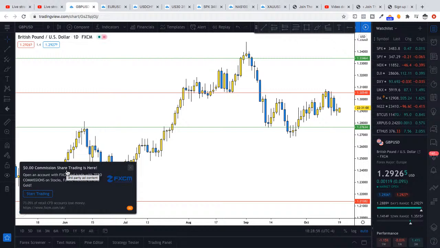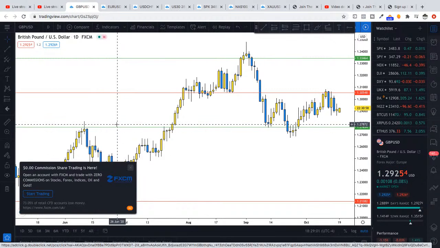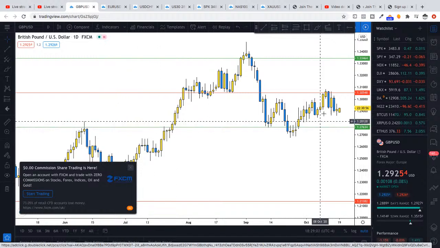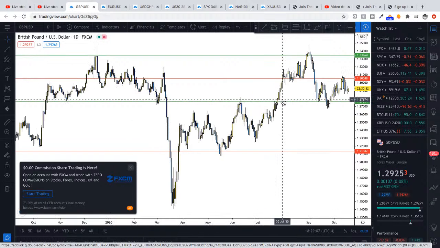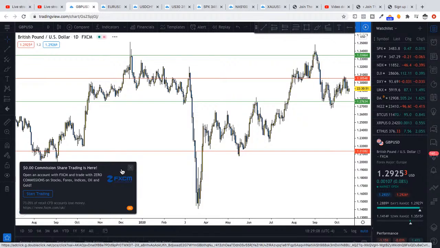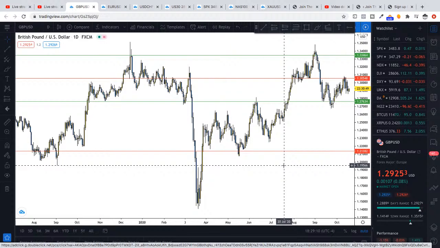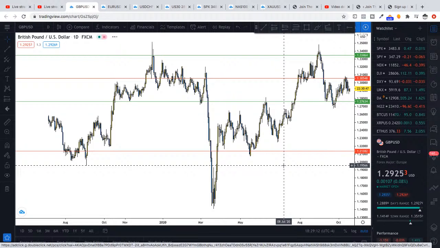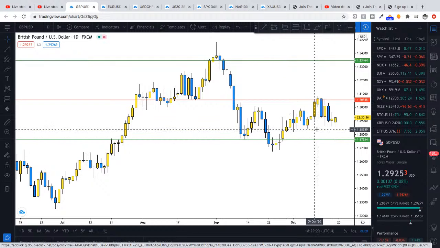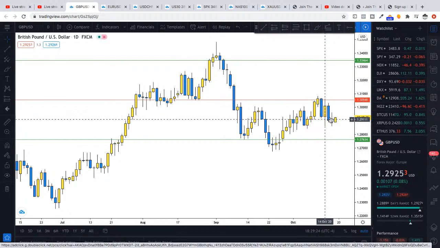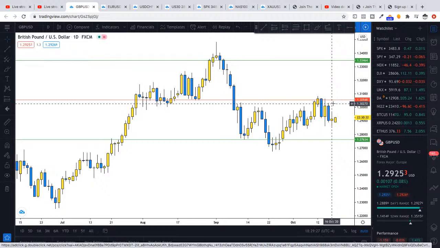So we can take a broader look here, I'm sorry if this is in the way. What I want to do is take a closer look at what price is doing at these points.